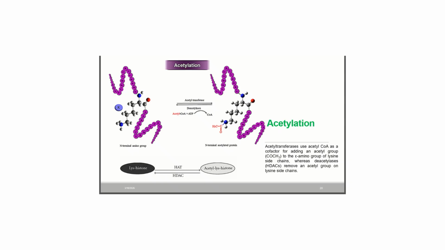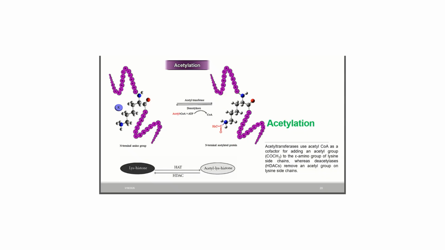As you can see, this is reversible, and acetyltransferases, as we mentioned before, use a cofactor for adding an acetyl group to the alpha amino group or epsilon amino group of the lysine side chain.